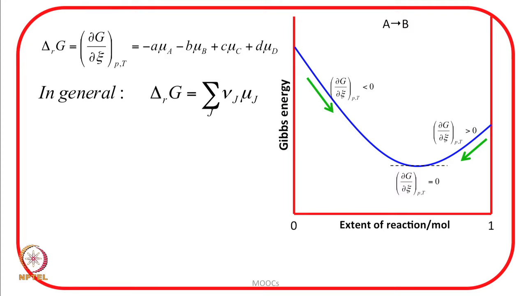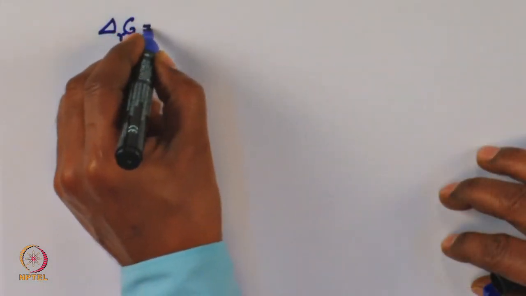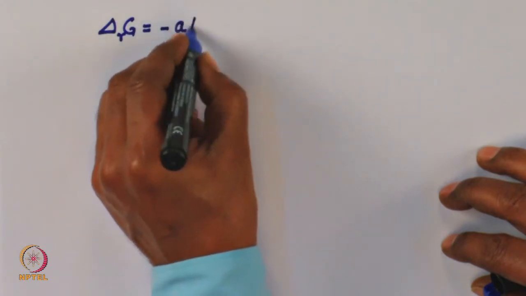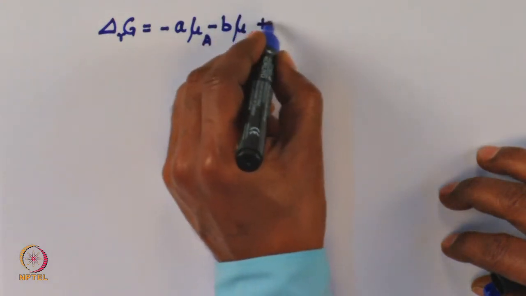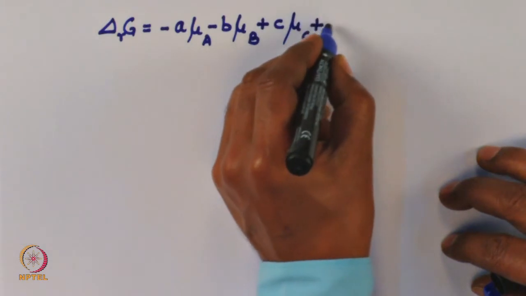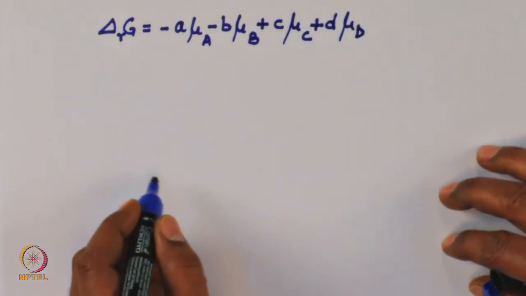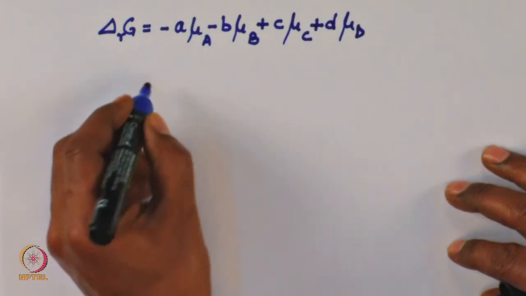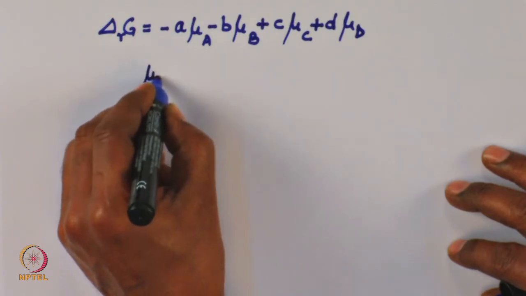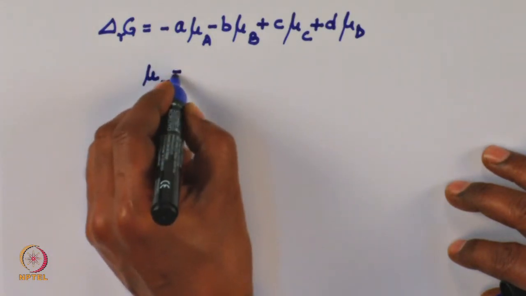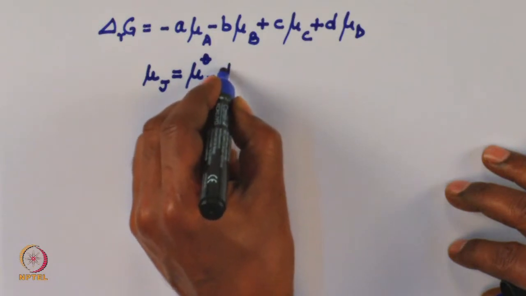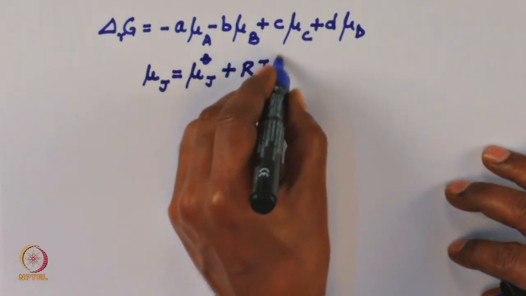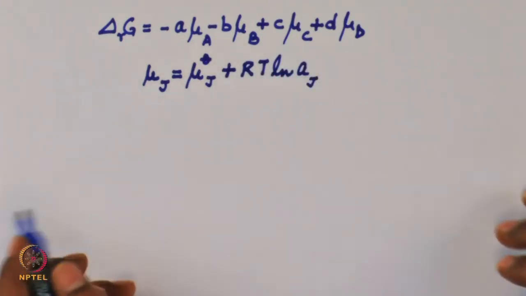Let me now start with the same equation that we just derived, that is delta R g is equal to minus A times mu A minus B times mu B plus C times mu C plus D times mu D. And we have earlier discussed that mu of any species J can be written as the standard state chemical potential of that species plus R T log activity of that species.